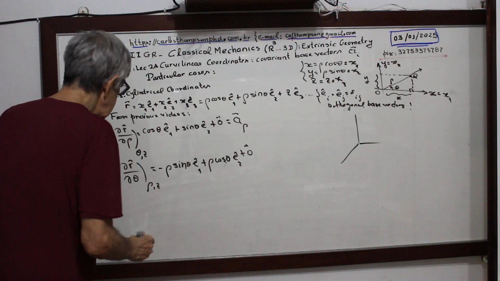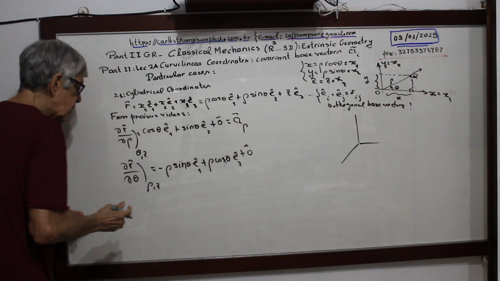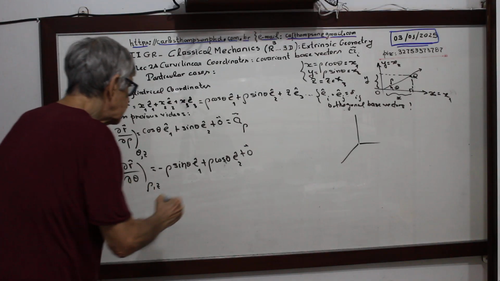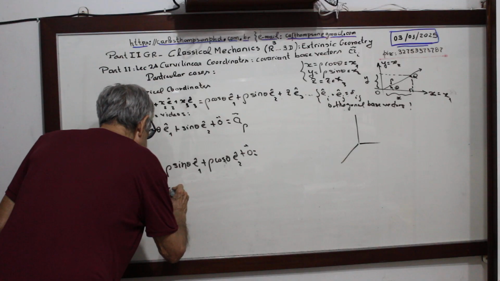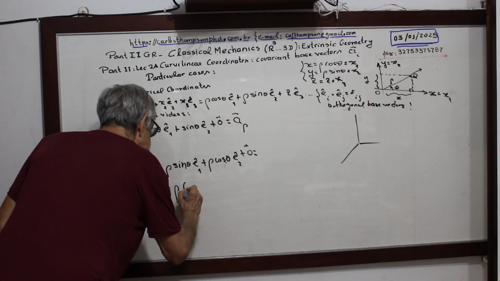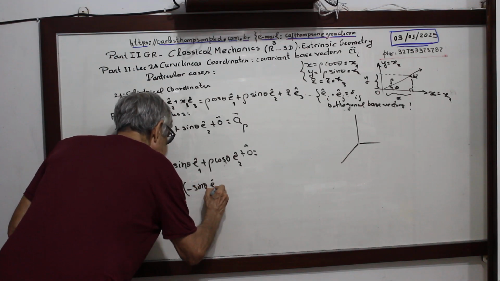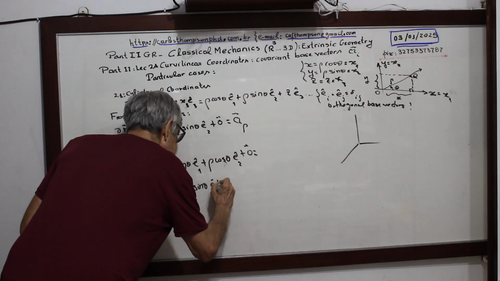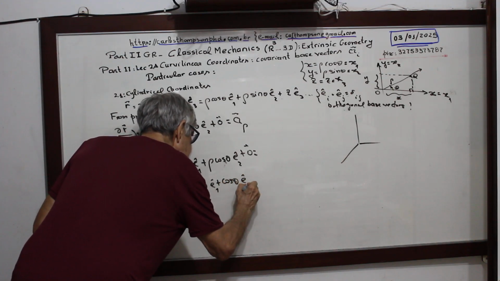So the whole equation is a vector. I can write this as rho multiplies minus sine theta e1 plus cosine theta e2.